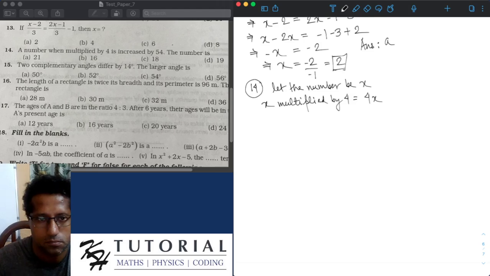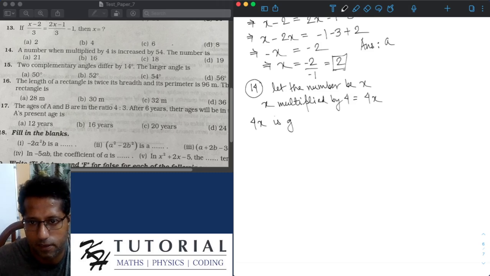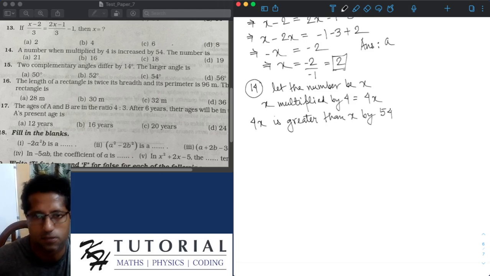So now it is saying that 4x is greater than x by 54. That is what it means when it says a number when multiplied by 4 is increased by 54. So 4x is greater than x by 54.